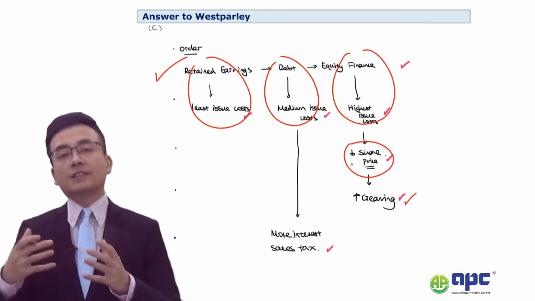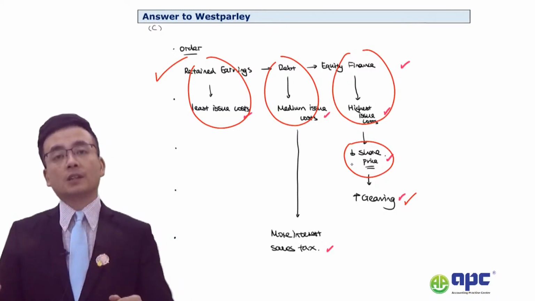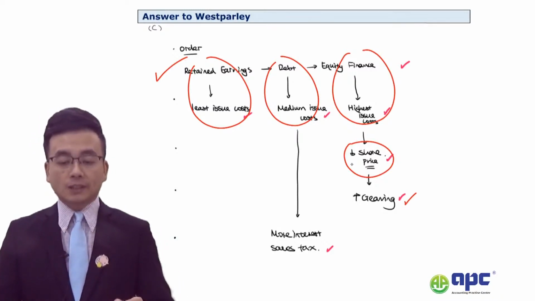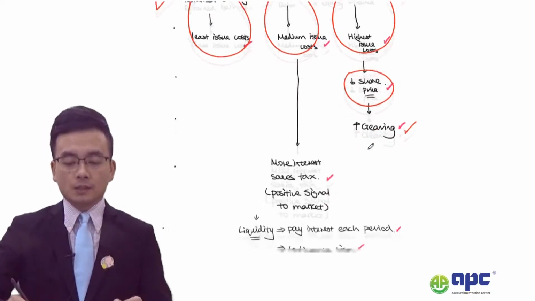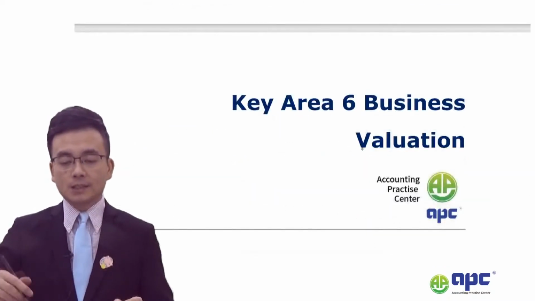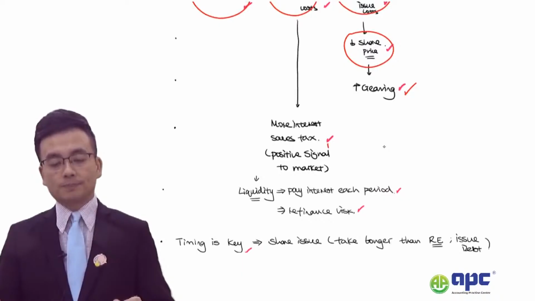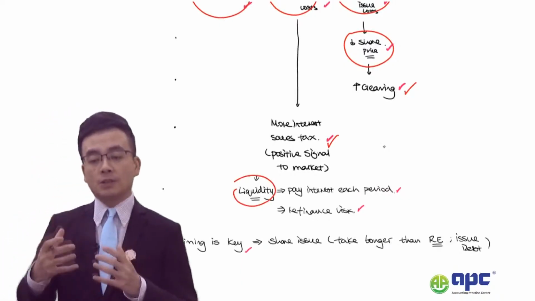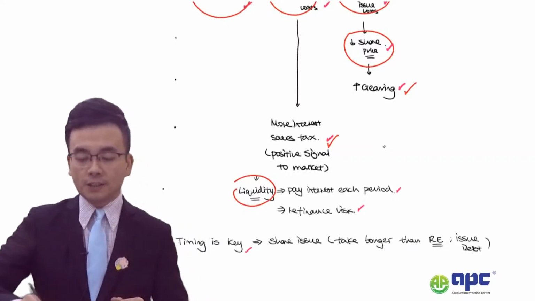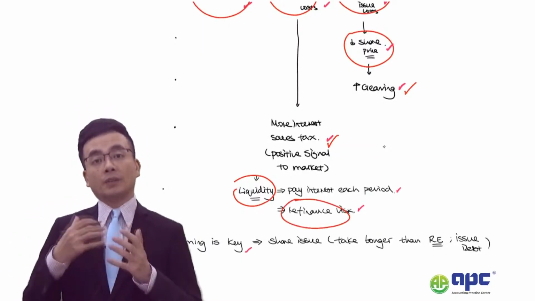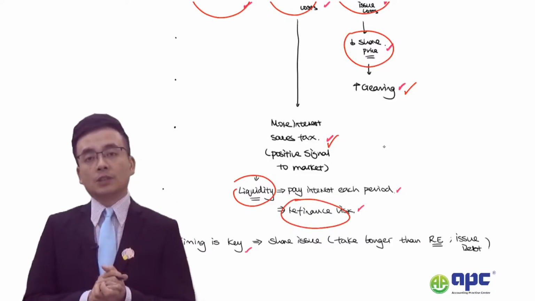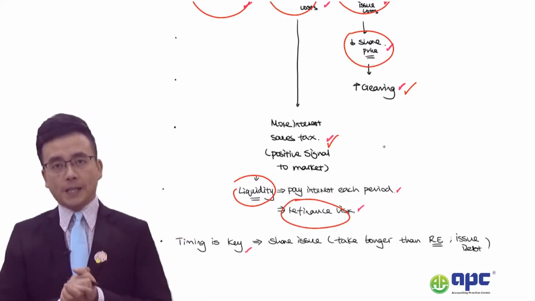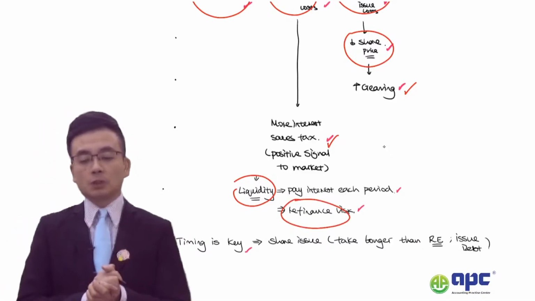So of course, increasing gearing will increase the financial risks. But using debt finance, you can have tax savings on the interest. But you need to also talk about the liquidity issue if you use debt finance, and also the refinancing risk, which means whether or not you're able to get the finance back after the debt has matured.